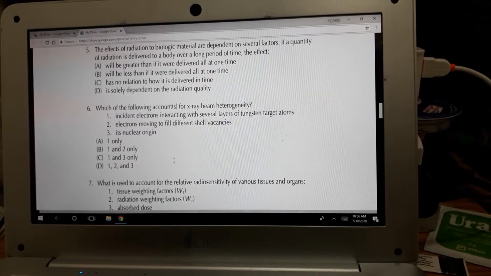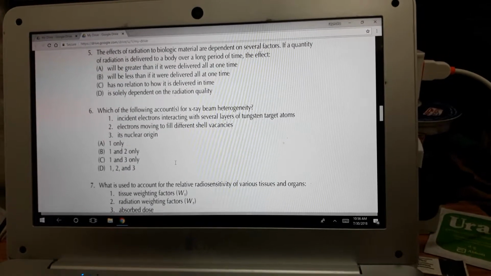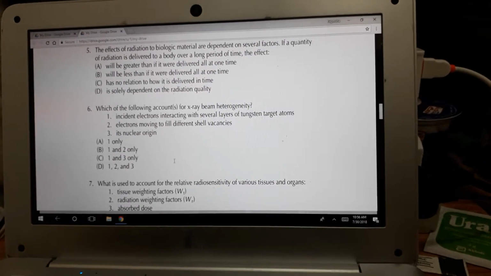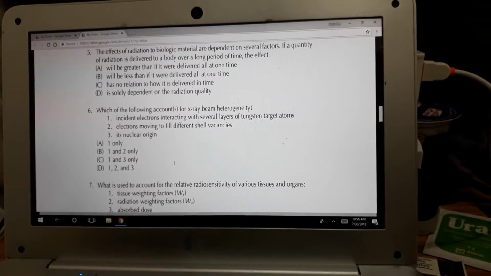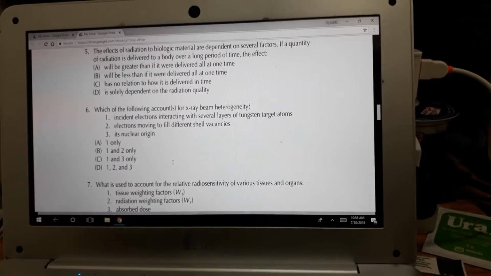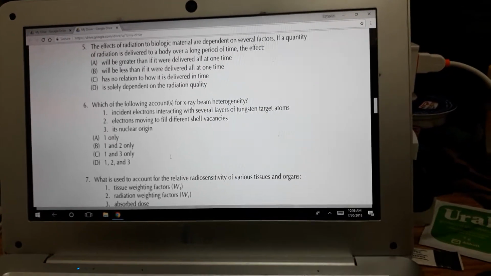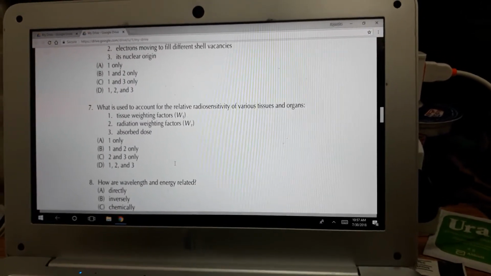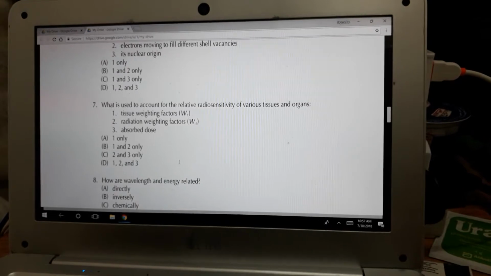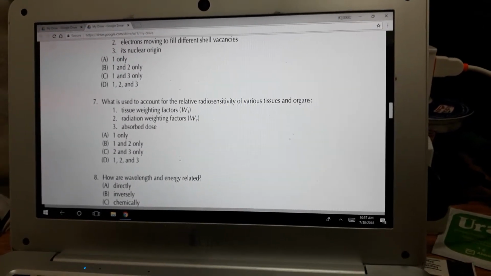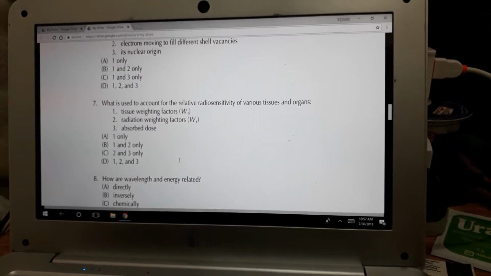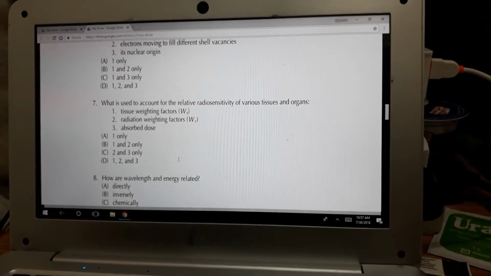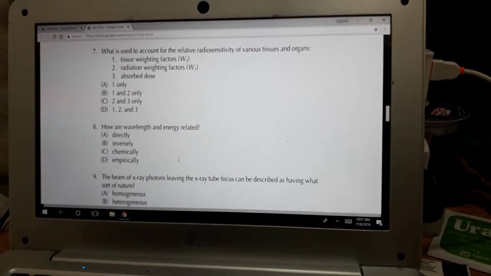The answer is incident electrons interacting with several layers of tungsten atoms, and electrons moving to fill different shell vacancies. So the answer is first and second, B. Seventh one: what is used to account for the relative radiosensitivity of the various tissues and organs? Tissue weighting factor or radiation weighting factor. The answer is A.